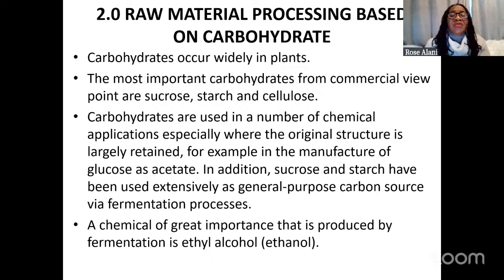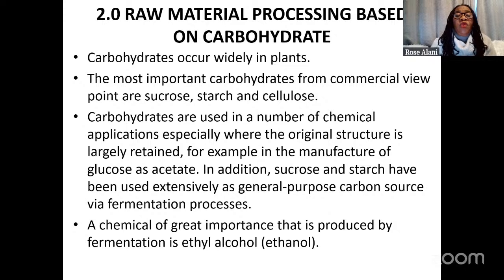Now we want to see how we can obtain organic chemicals from carbohydrate. Carbohydrates occur widely in plants. The most important carbohydrates from which we can obtain organic chemicals are sucrose, starch, and cellulose.